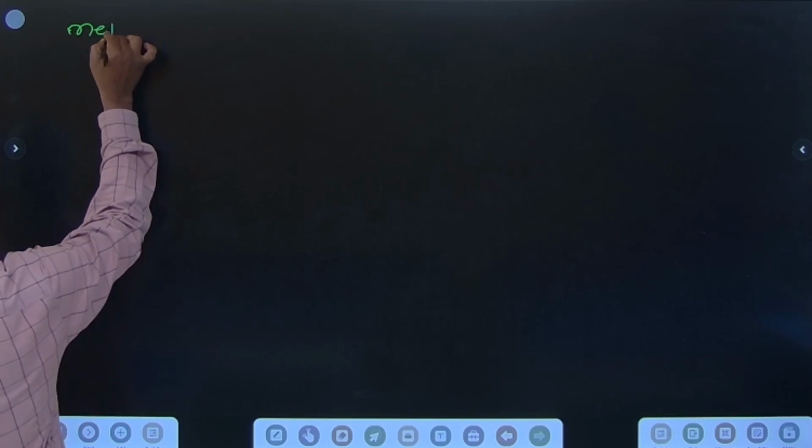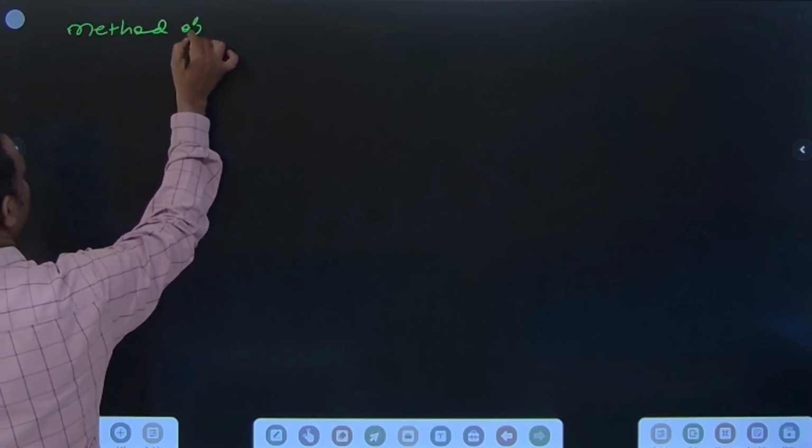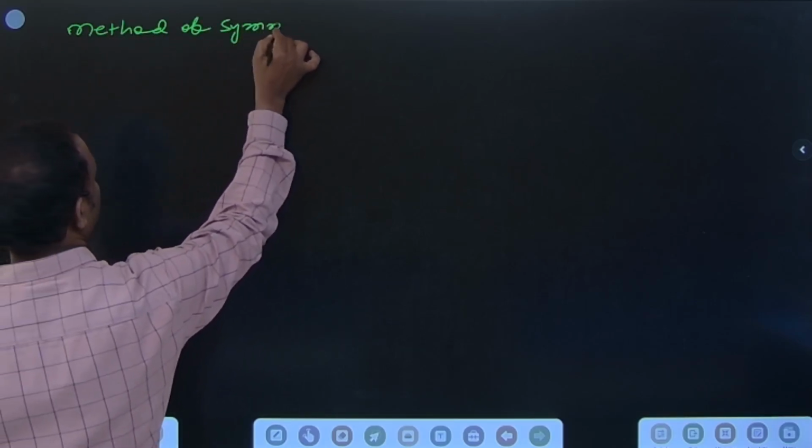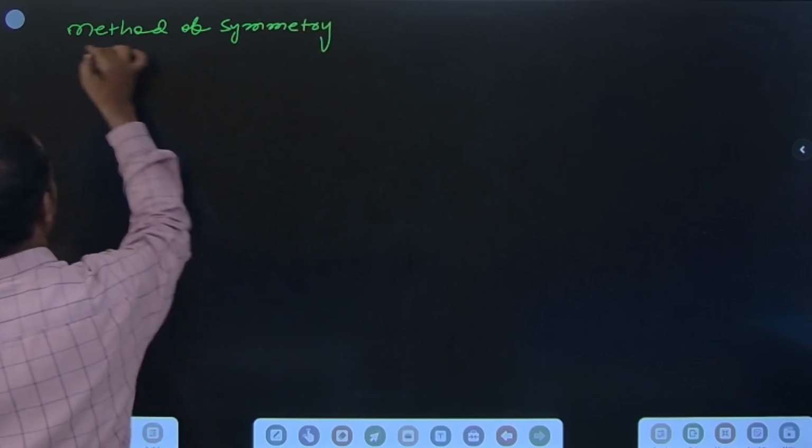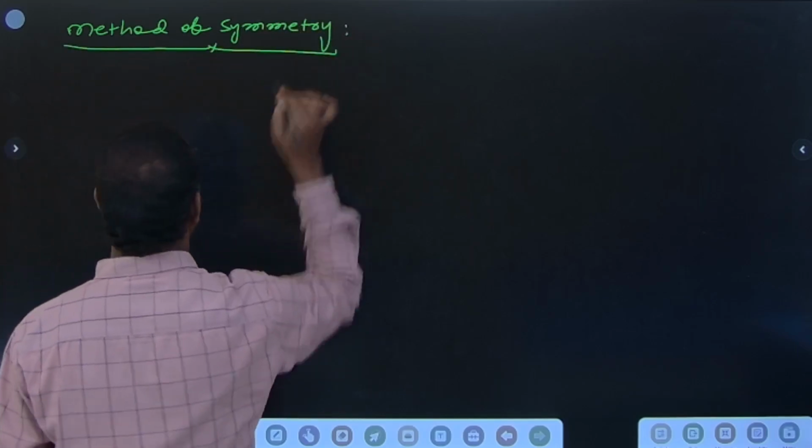Method of symmetry, or symmetric circuit.